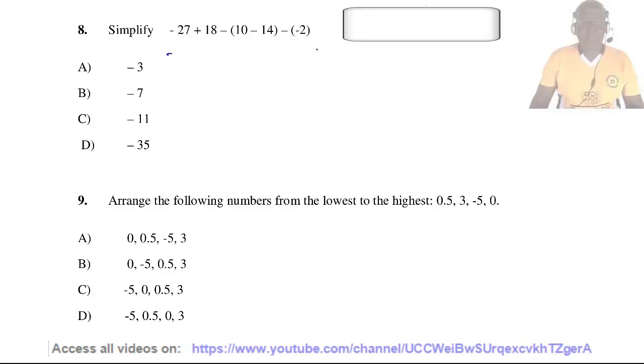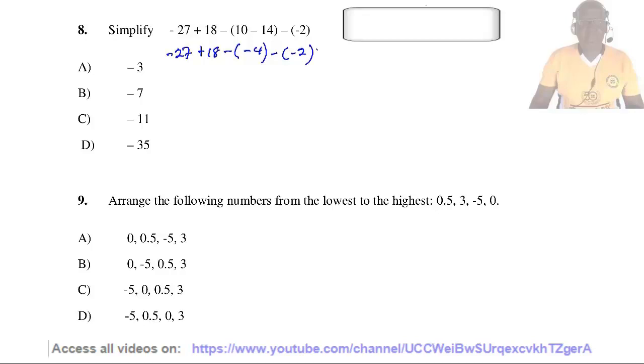So minus 27 plus 18 minus, we shall simplify the expression in the brackets. 10 minus 14 equals minus 4, minus minus 2.